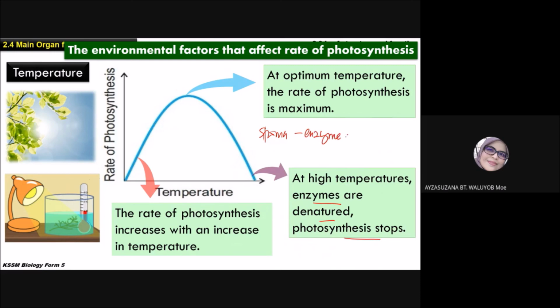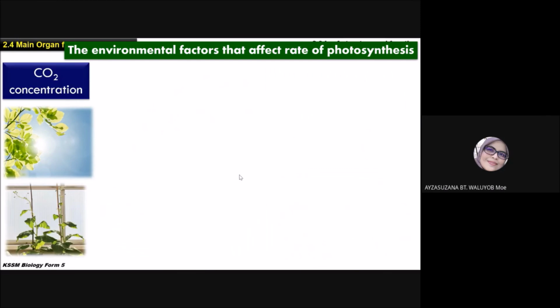So, this enzyme will denature if the temperature is too high. Masa ni walaupun tinggi dia punya sunlight, tetapi bila suhu terlalu tinggi, enzymes are denatured, so photosynthesis akan stop. Dia akan terus turun ke bawah. Tak ada lagi photosynthesis process.